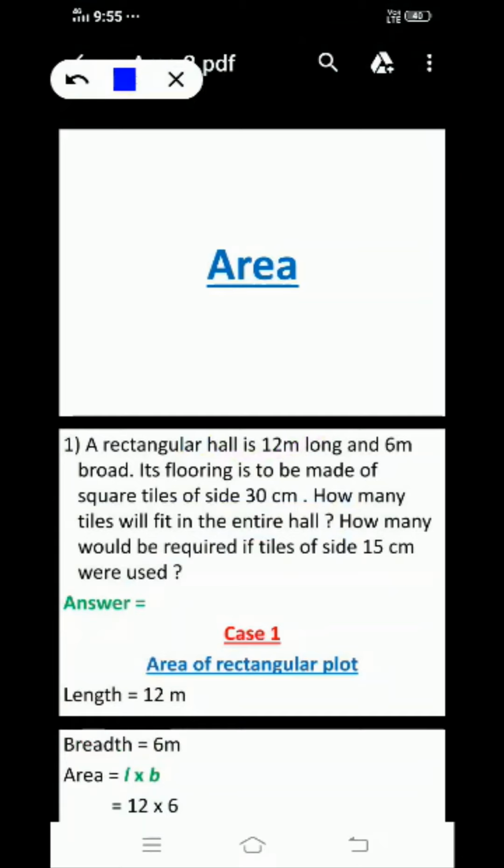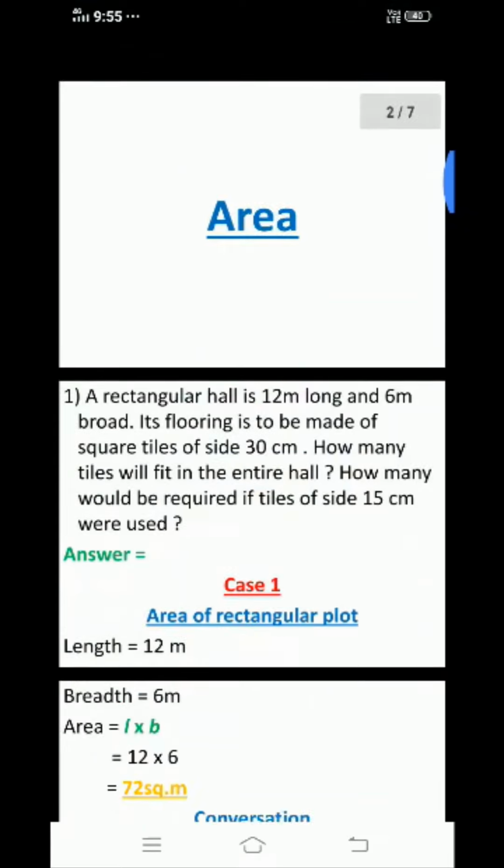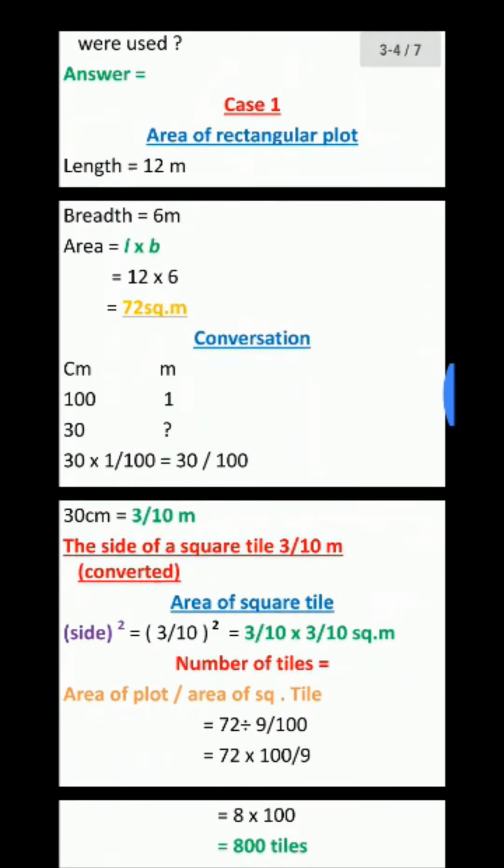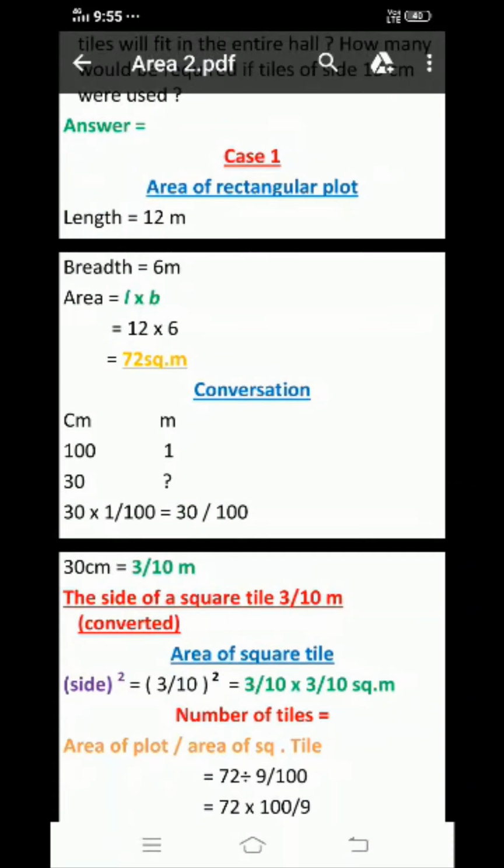The formula for the area of a rectangle is length into breadth. 12 into 6 is 72 square meter, because they mention meter, so you have to write meter. If they mention centimeter, you have to write centimeter.